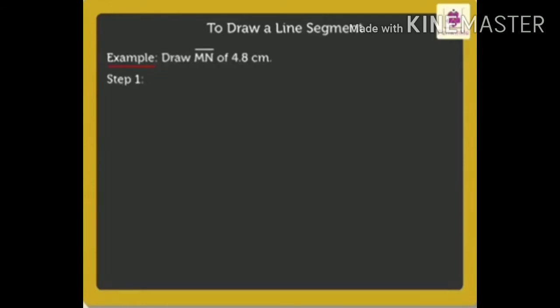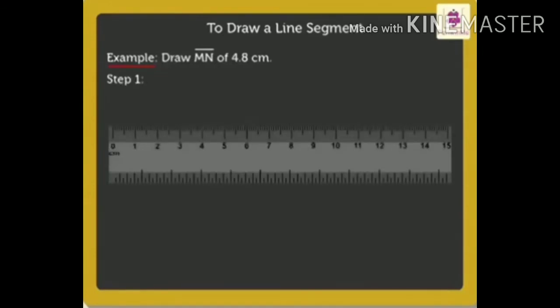Now, let's see how to draw a line segment. Draw a segment MN of 4.8 centimeters. This can be done in 3 steps. Step 1. Take a ruler and mark point M at 0 centimeters on the ruler. Step 2.